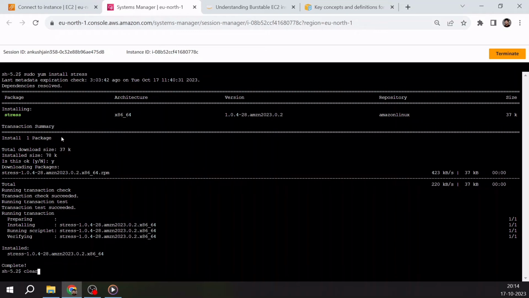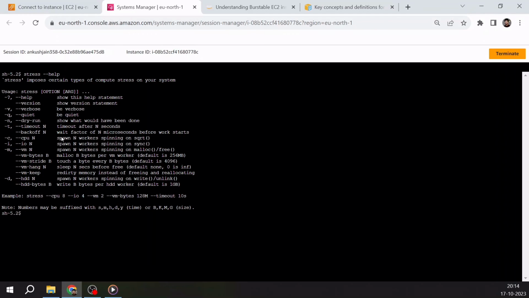I will clear, and now I will run stress --help. Yes, this is the command. It will run for 10 seconds and create two VM workers, and each will occupy 128 MB of memory.